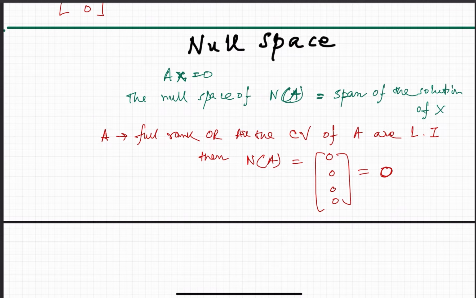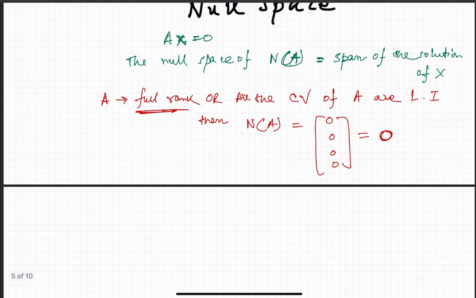So for a full rank matrix, the null space of that matrix would be the zero vector only. Otherwise we can say, if the column vectors of the matrix are all linearly independent, and that matrix transforms a vector x to a zero vector, then the null space of that matrix would be the zero vector.